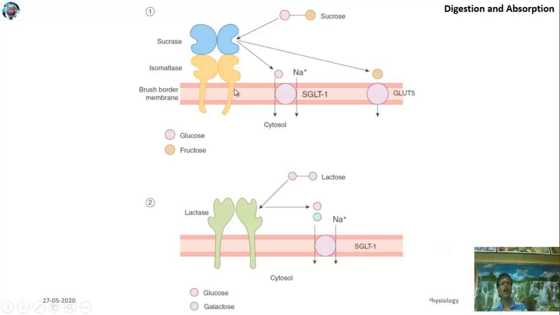You can see that isomaltase as well as sucrase are present in the brush border, and similarly lactase is also present on the membrane. Similarly, there are transporters like the sodium glucose transporter, glucose transporter 1 and glucose transporter 5, all present in the membranes, which help in the transport of glucose after absorption.